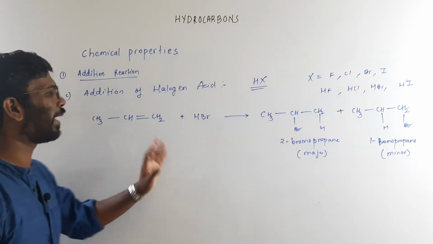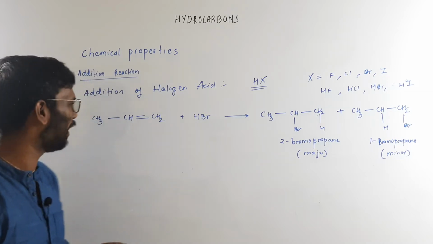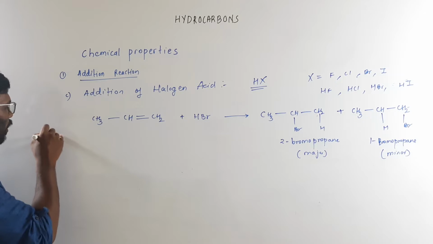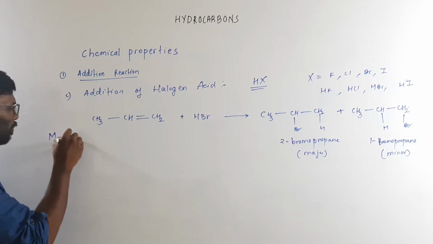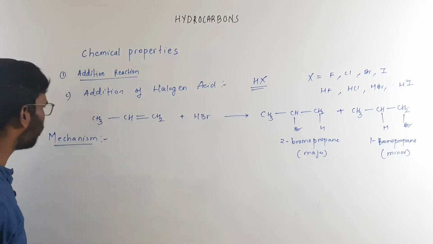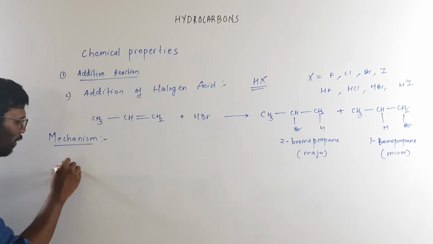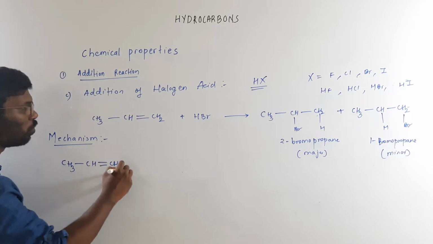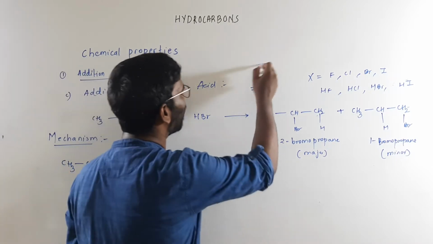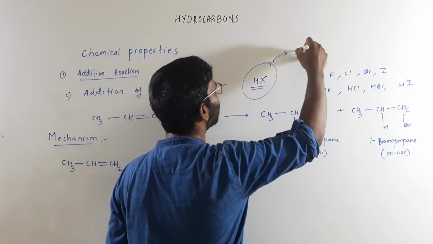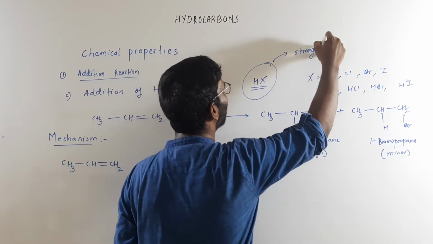Let's go into the mechanism of this, what must be exactly happening over here. I will write the mechanism. The mechanism is very simple. I'll take this alkene CH3, CH, CH2. Now this halogen acid is a very strong acid.